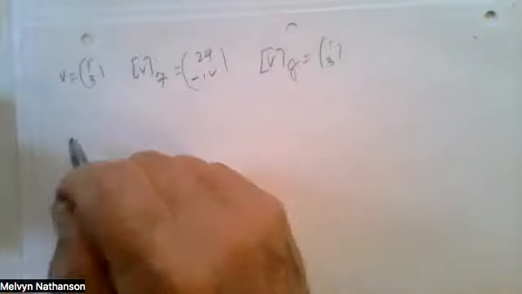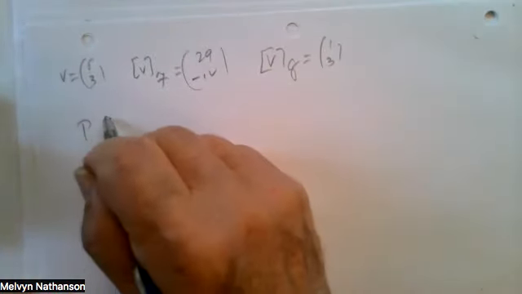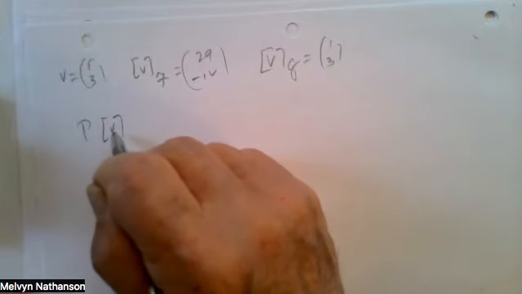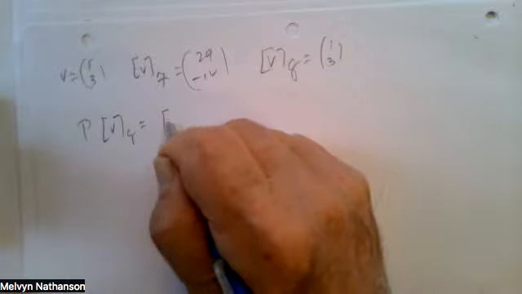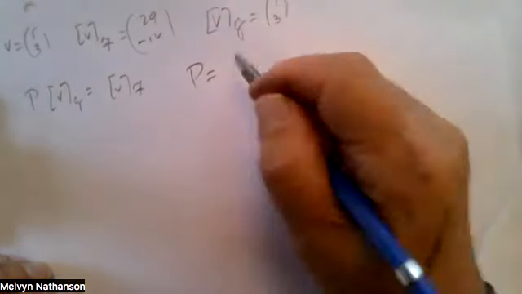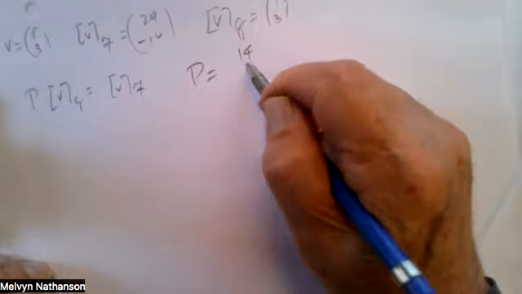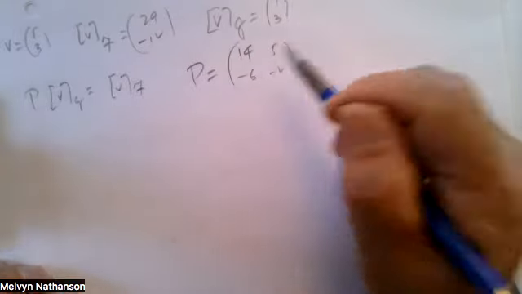And my change of basis matrix P, the matrix that satisfies the property that P applied to the coordinate vector for v with respect to G is the coordinate vector for v with respect to F, that matrix P that I calculated 15 minutes ago was 14, minus 6, 5, minus 2.